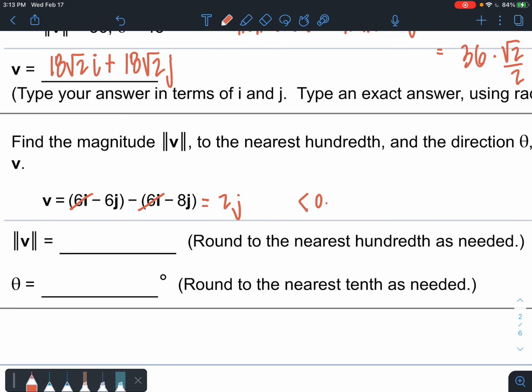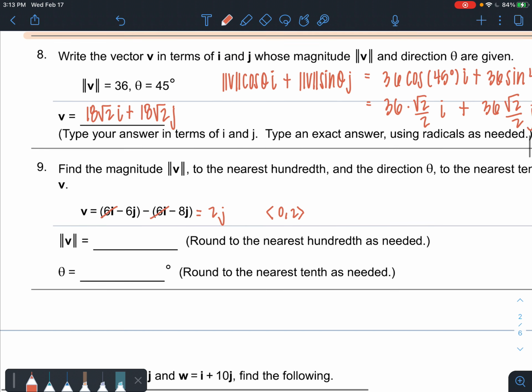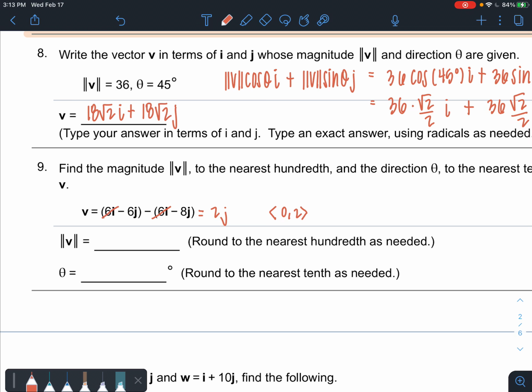I'm going to write that in component form just for my own sanity. So when we find the magnitude, it's going to be the square root of 0 squared plus 2 squared. So we get the square root of 4, which is 2 for the magnitude.